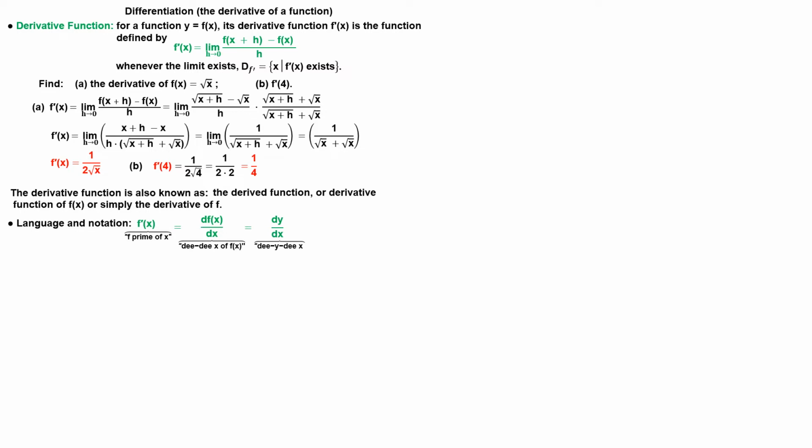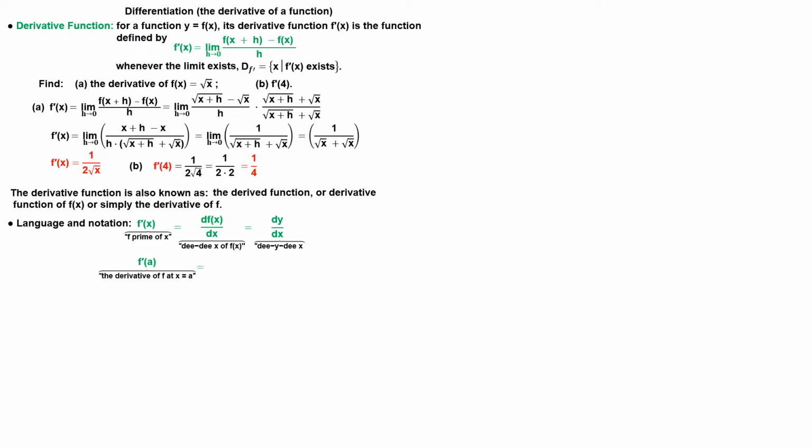When we wish to evaluate a derivative at a number, we replace x with a when using prime notation, or one can also use the notation with a vertical bar. Pay attention. This notation is read as the derivative of f at x equals a.